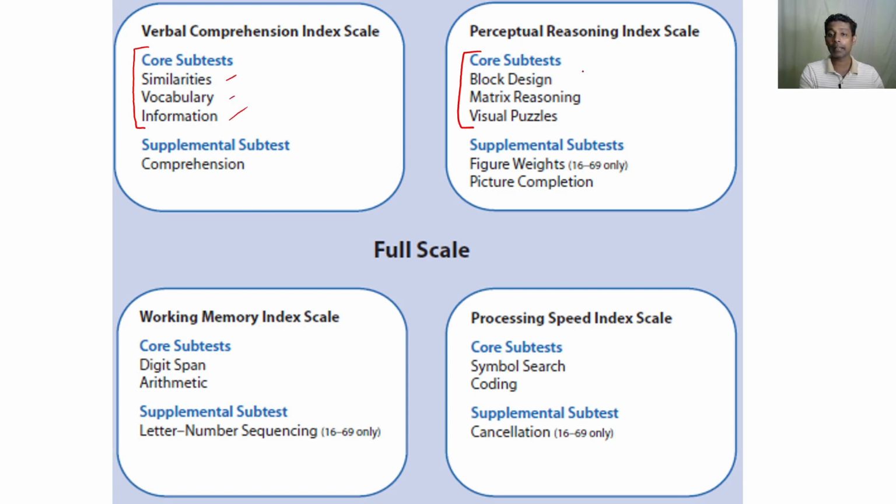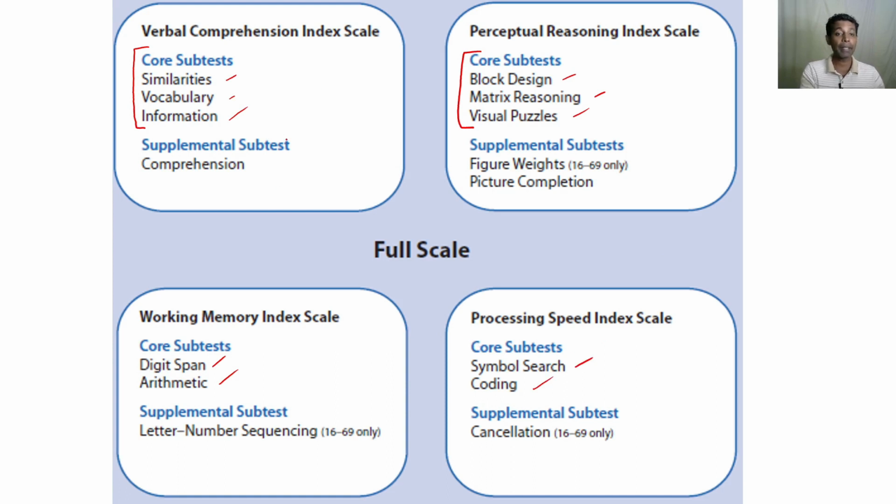Perceptual reasoning index, these are the main tests, that is core tests. Then we have the working memory index. Core subtests are digit span and arithmetic. Then the processing speed index, which is another index. We have two core tests here. So together we have 10 core tests, that means main tests.